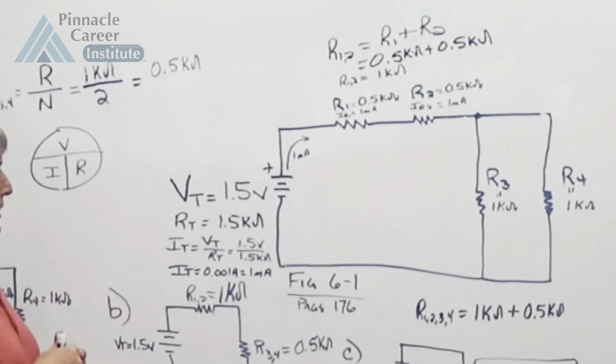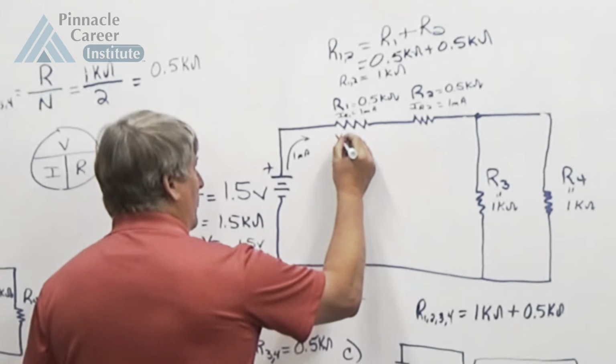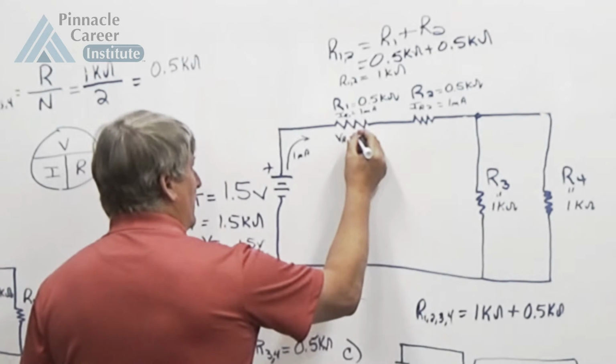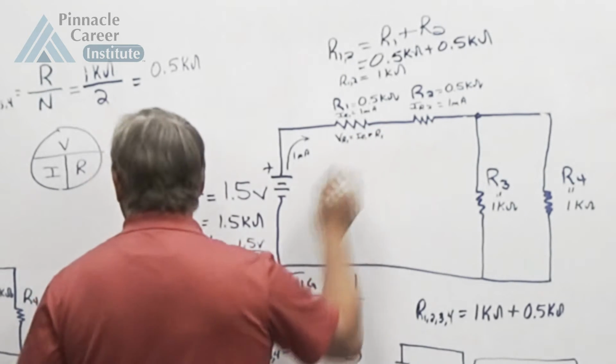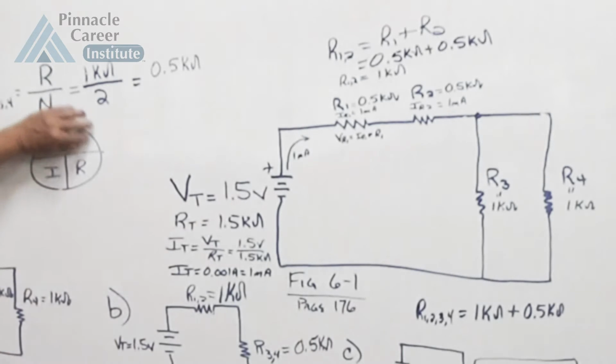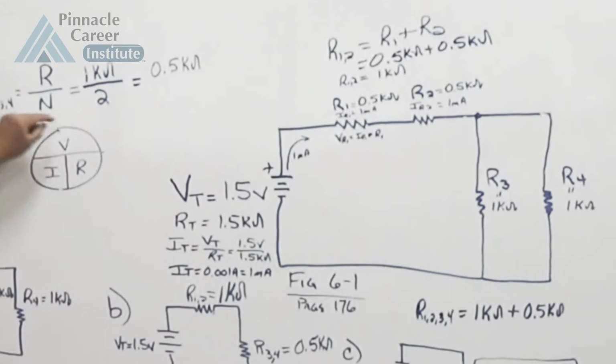Since I have current and resistance on those first two resistors, I can solve for my voltage drops. VR1 is going to equal IR1 times R1. That's just Ohm's law. Ohm's law works on every resistor. I know the current on the first resistor and the resistance on the first resistor, so I can solve for the voltage on the first resistor.